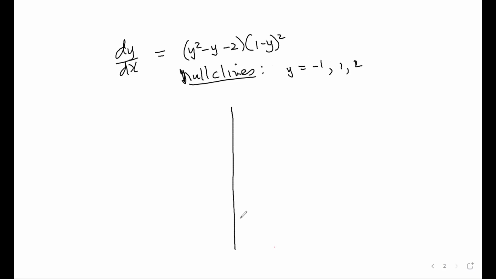So all we do is come to the graph here, the xy plane. We have y equals minus 1, y equals 1, y equals 2. So that's 2, 1, 0, minus 1.